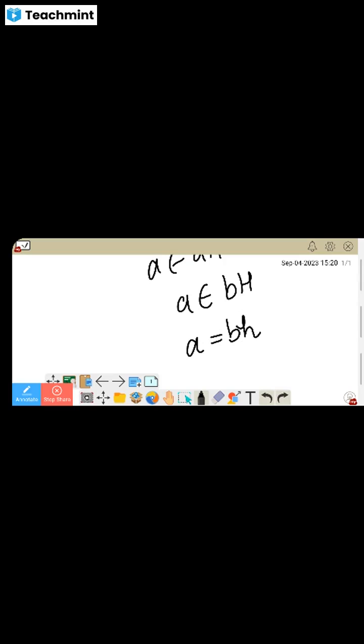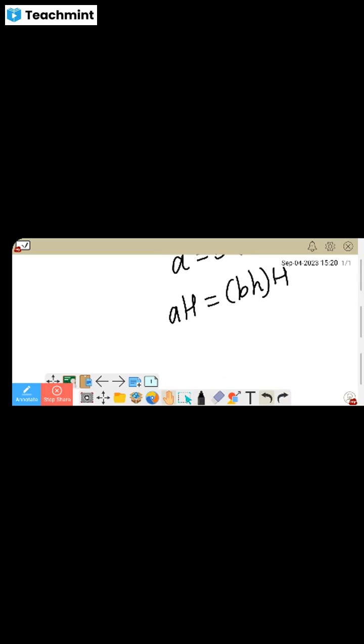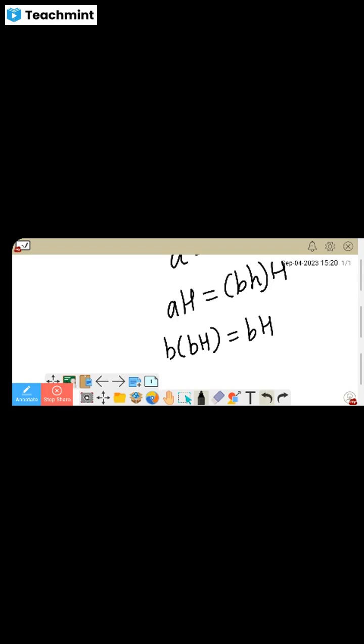And this AH is equal to BH into H. We are taking H on both sides. So B and BH is equal to BH.